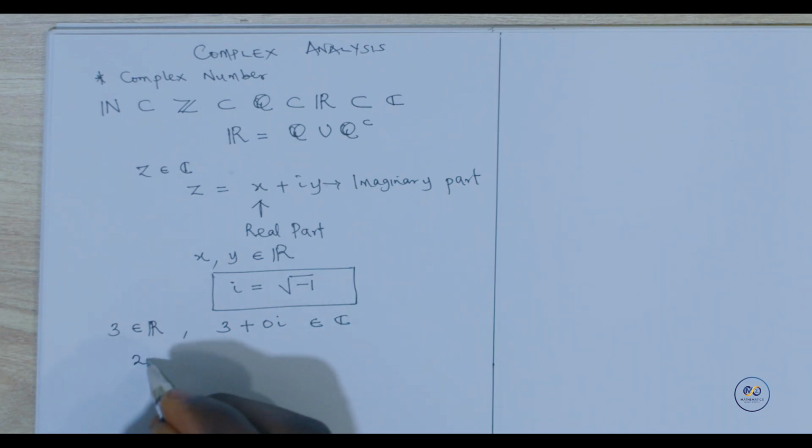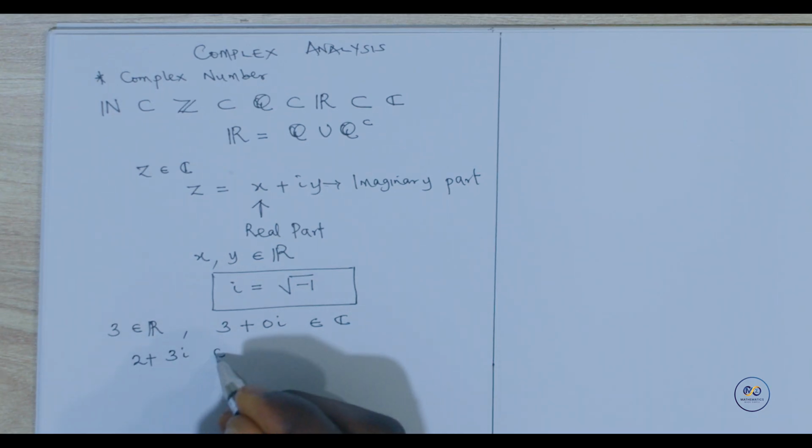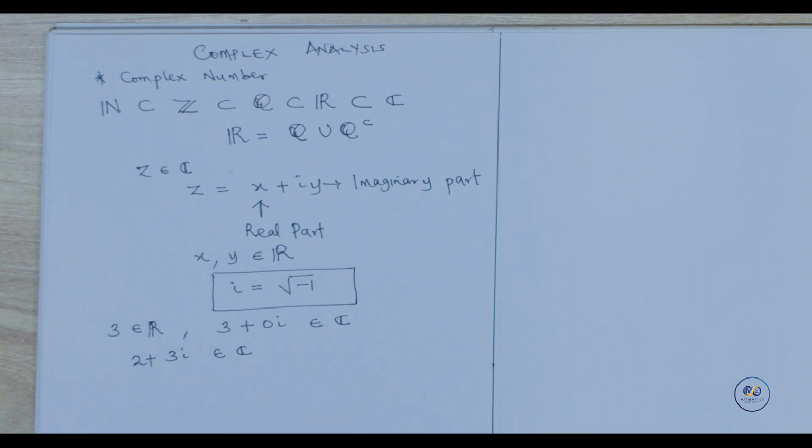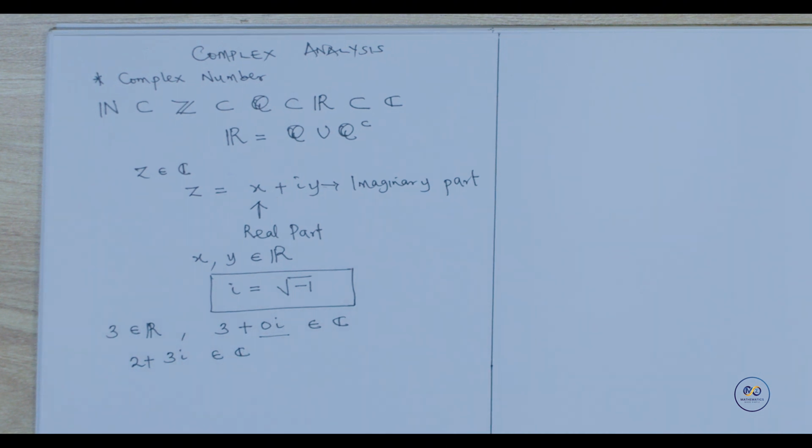However, 2 + 3i cannot be a real number because this i in itself is not considered a real number. So this i is where that distinction arises. For any real number, we can simply add 0i to the back, because we know 0 times anything gives us 0. So it makes it easy to see that every real number is a complex number, but not all complex numbers are real numbers.